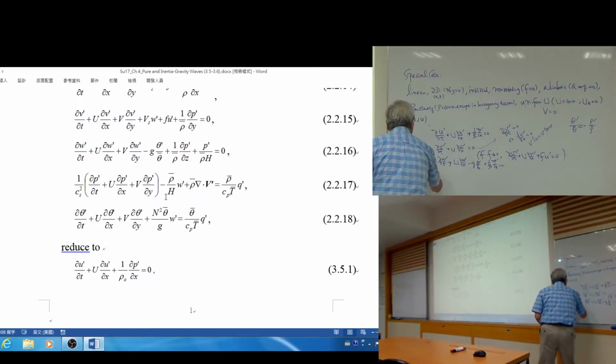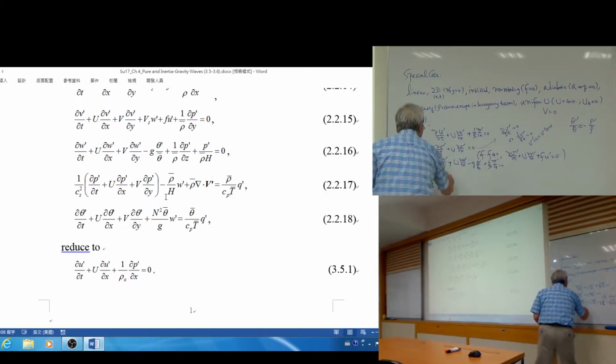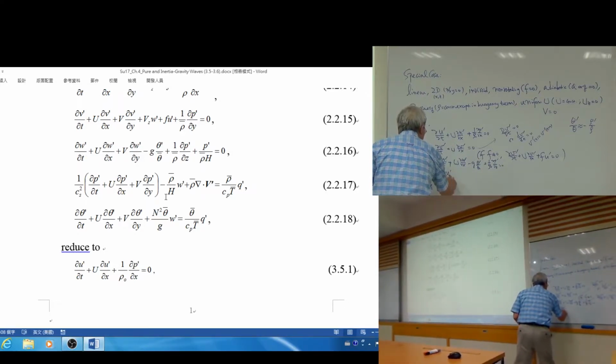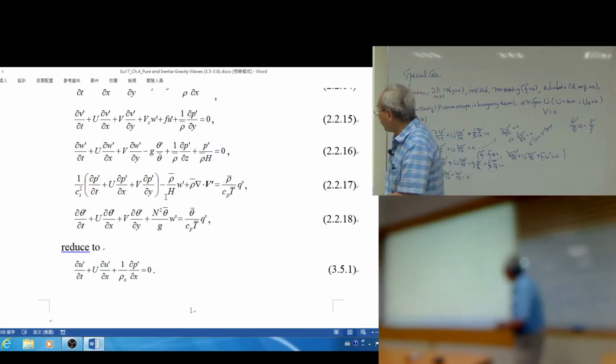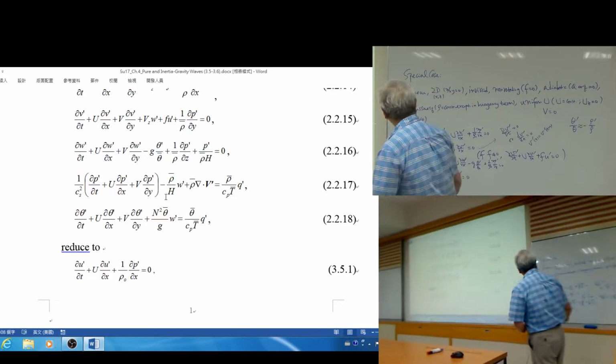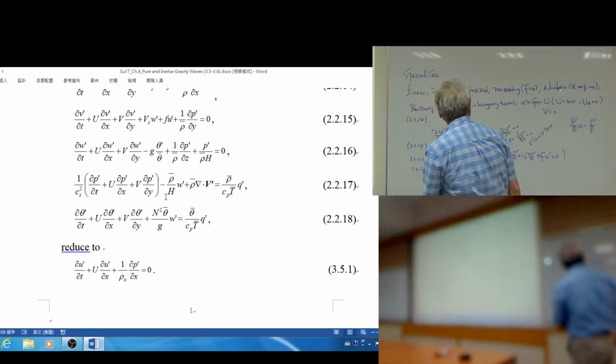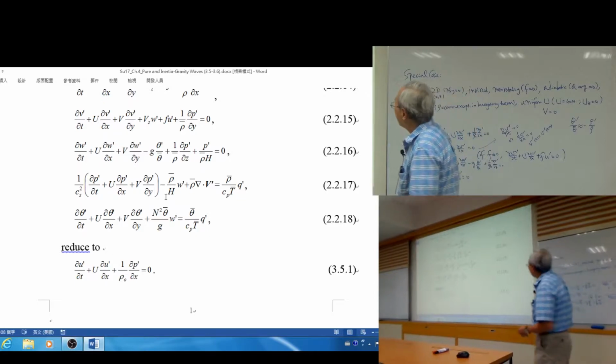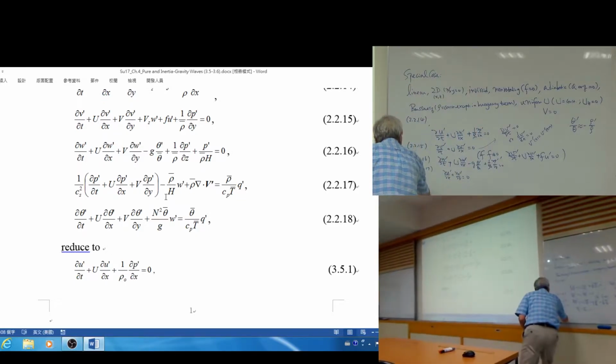2.2.17 will become du prime dx plus dw prime dz, because the dy is equal to 0, and q prime is 0 because it's adiabatic. And then the last equation, 2.2.18. Sorry, my writing is terrible.